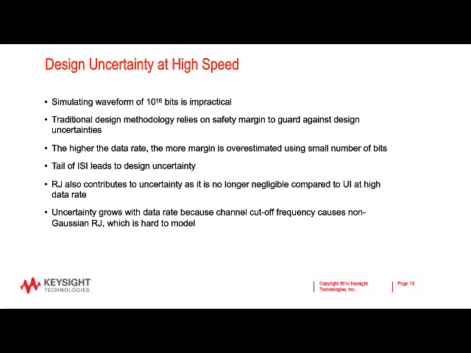The higher the data rate, the more the margin is underestimated using a small number of bits. It's because of effects like jitter amplification and so on, and the fact that the memory of the channel is much longer in terms of the number of unit intervals. The RJ contributes to uncertainty because it's no longer negligible at these small unit intervals. And the uncertainty grows with data rate because the channel cutoff causes a non-Gaussian RJ, which is very hard to model with dual Dirac.